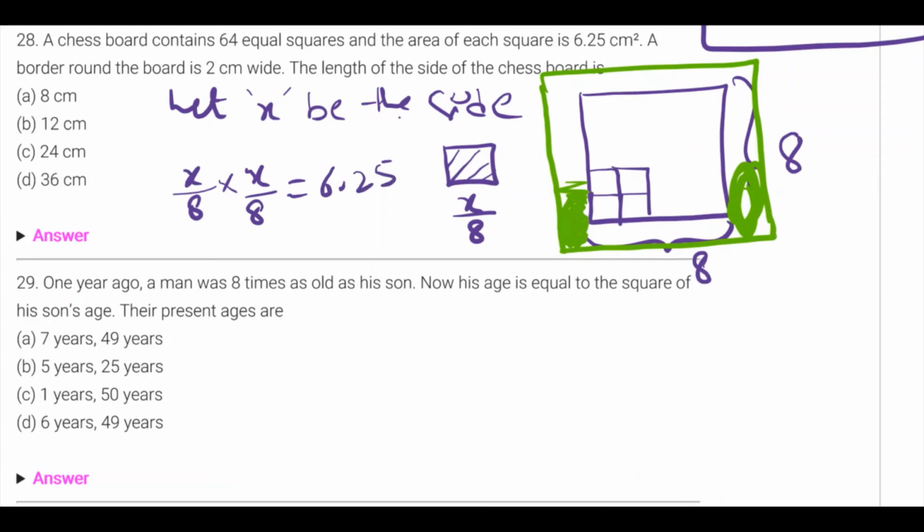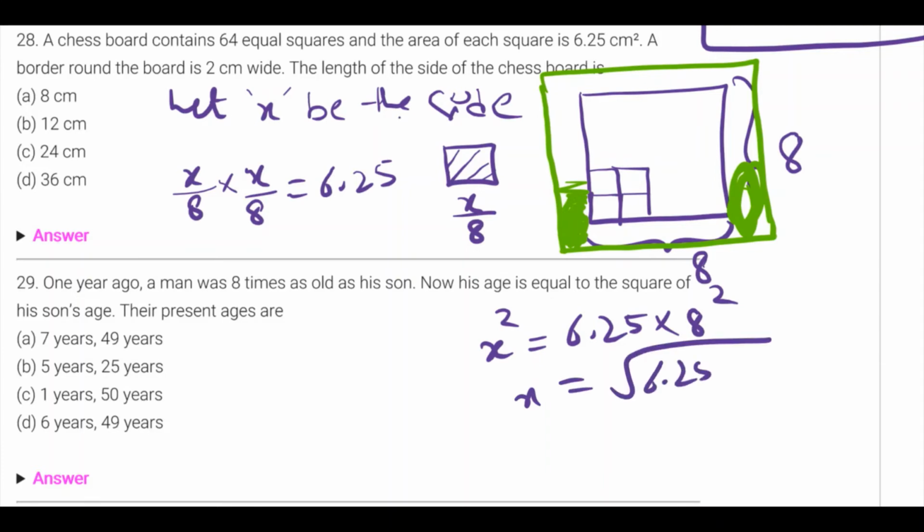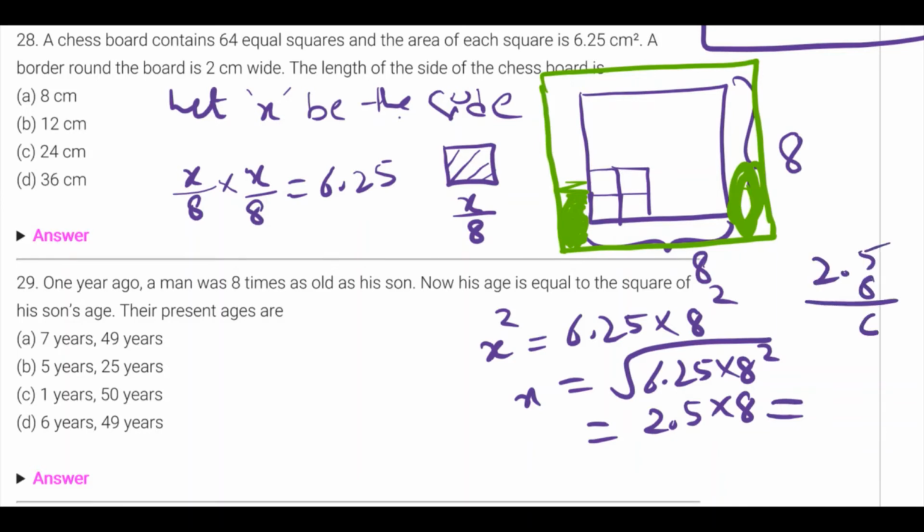So from this, x square equals 6.25 into 8 square, x equals square root of 6.25 into 8 square, which gives square root of 6.25 is 2.5 into 8. This is 20 centimeters. So x is 20 centimeters, and the width is given as 2 centimeters here and 2 centimeters here. The total length of the chessboard will be 20 plus 2 plus 2, 24. So option C is the correct answer.